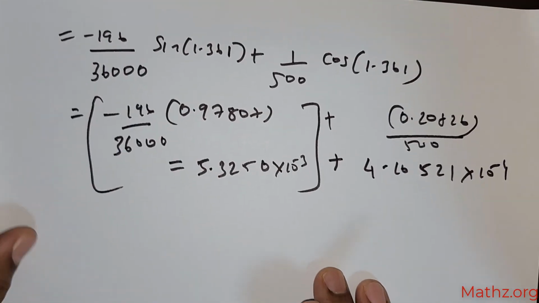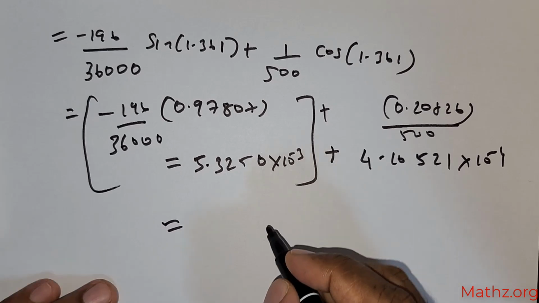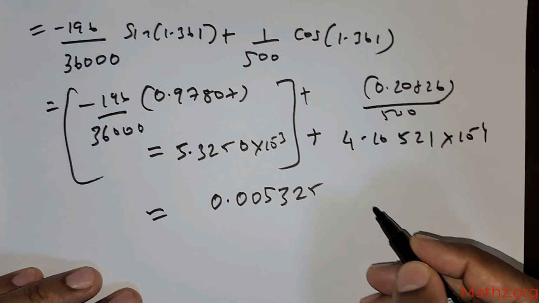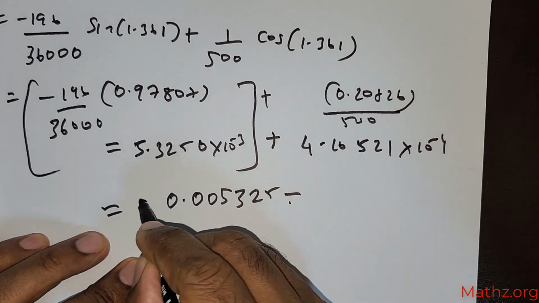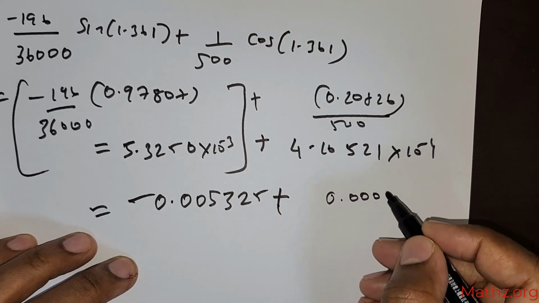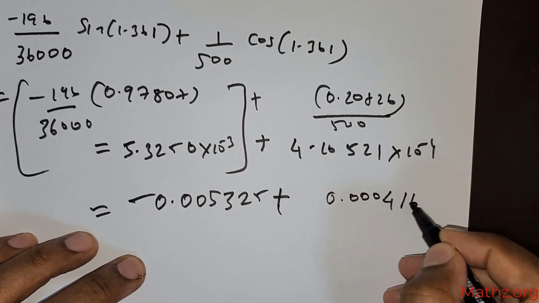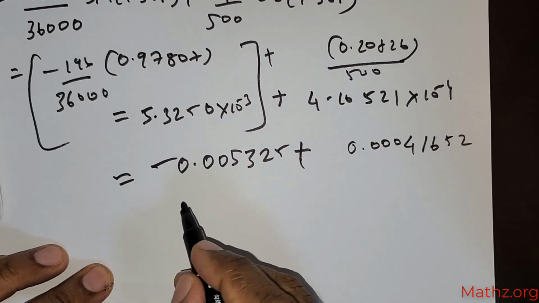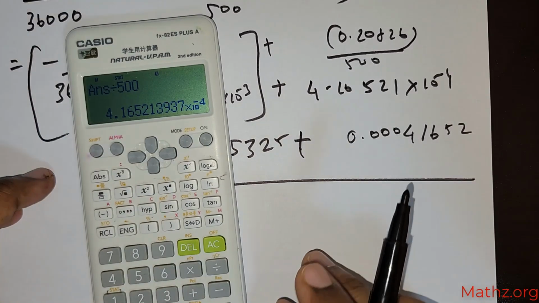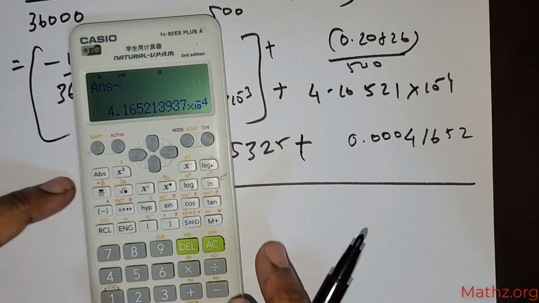So you need to write them down out of the scientific notation. So this is going to be negative 0.005325 added with 0.00041652. So we have to add these two things. So let me just subtract from here.